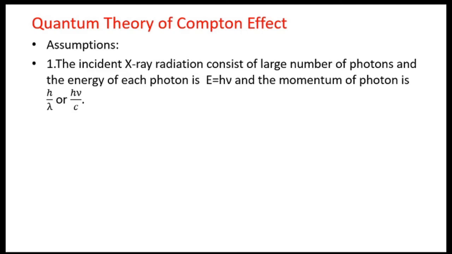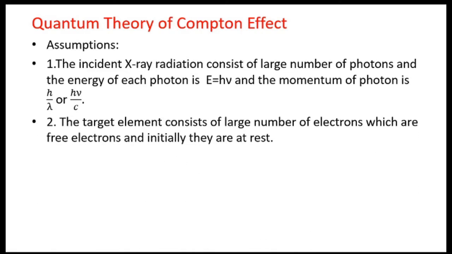The energy can also be given by E is equal to hc upon lambda, because we know the relation that wavelength into frequency is equal to speed of light. In this relation, momentum is equal to h upon lambda. We can substitute lambda is equal to c by nu to obtain this relation.